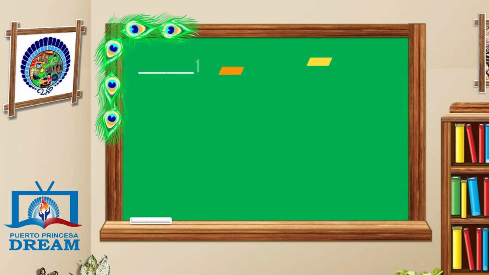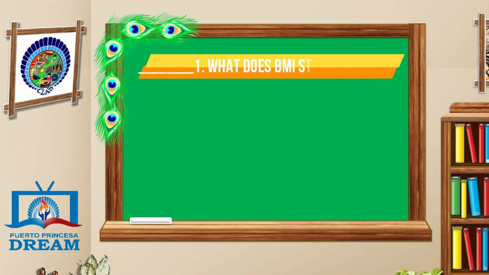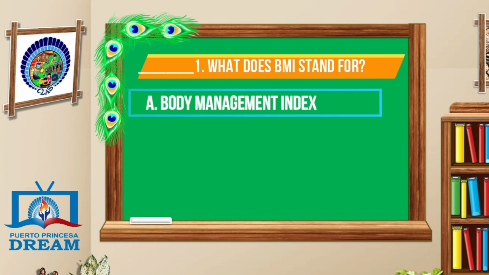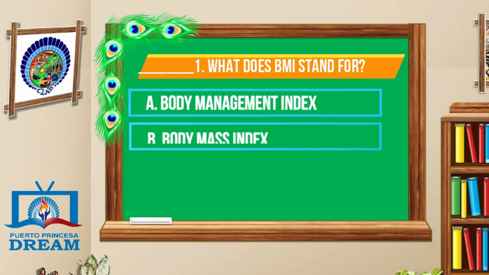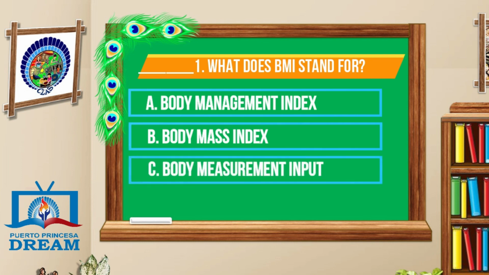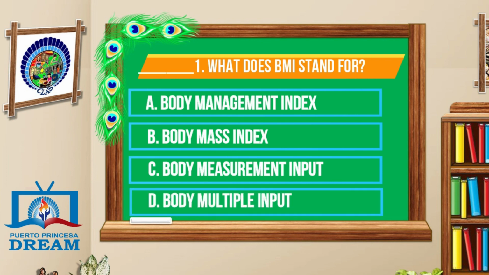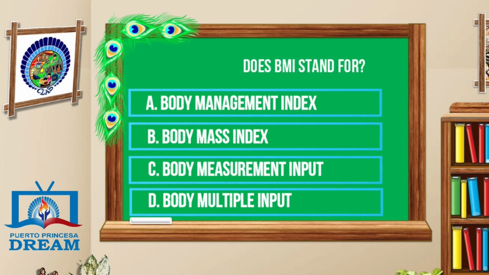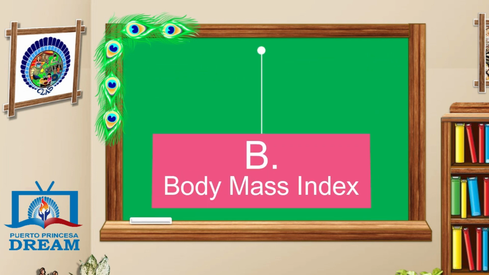Number 1. What does BMI stand for? A. Body Management Index. B. Body Mass Index. C. Body Measurement Input. D. Body Multiple Input. The correct answer is letter B. Body Mass Index.